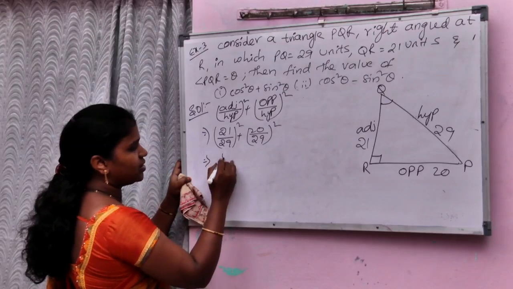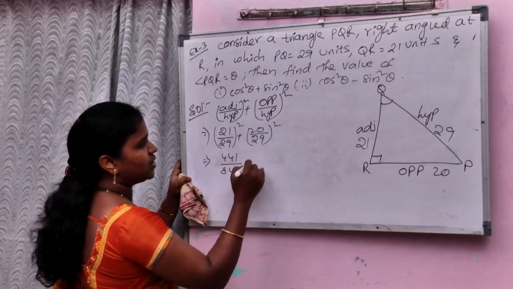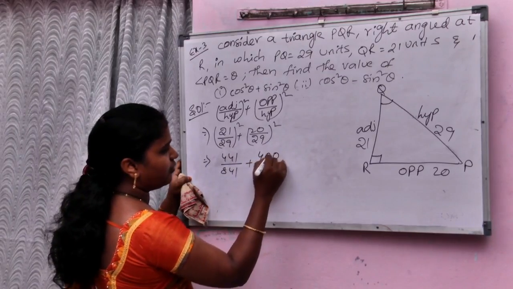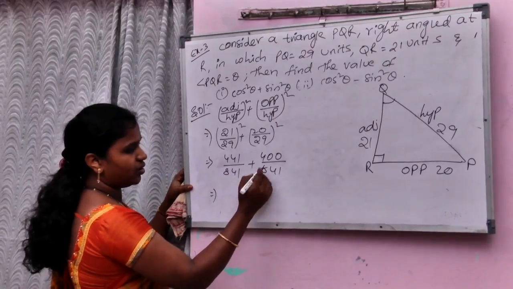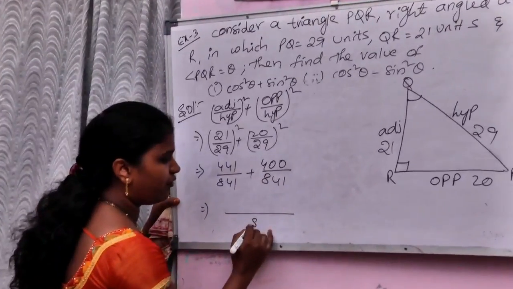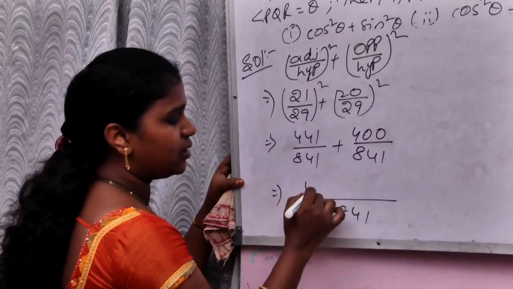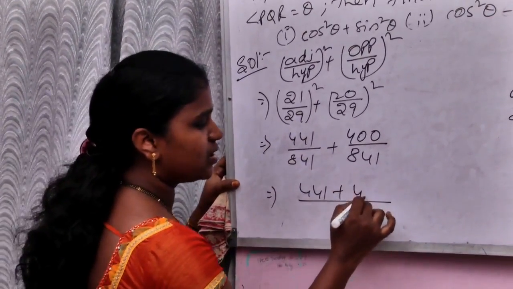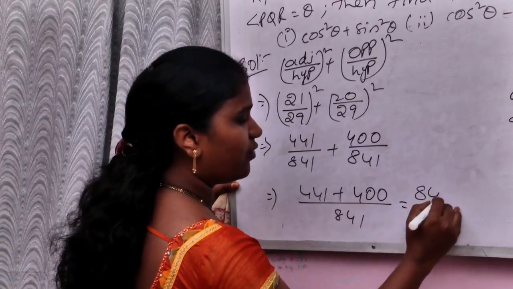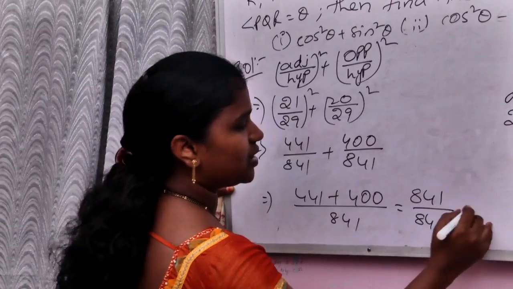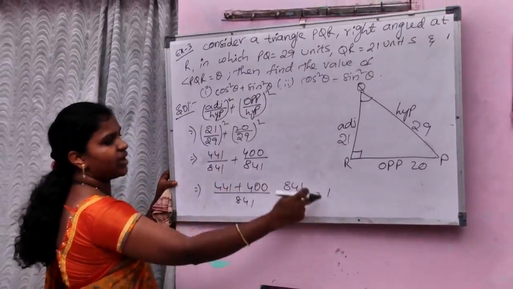So 21 square is 441 by 841, plus 20 square is 400 by 841. The denominators are equal, so the LCM is 841. Add the numerators, 441 plus 400, which is 841 by 841, that is nothing but 1. So we got cos square theta plus sin square theta as 1.